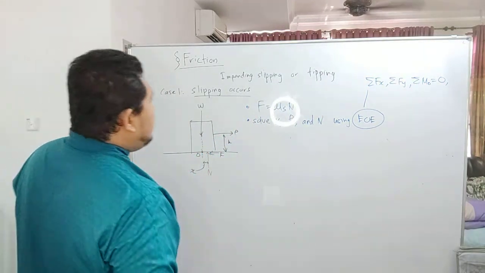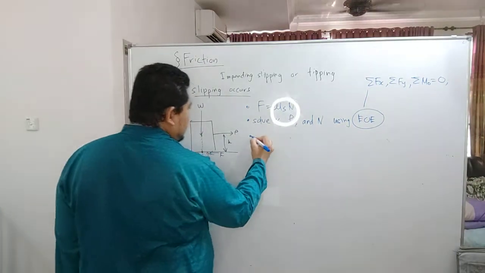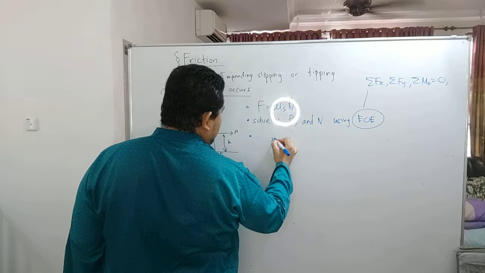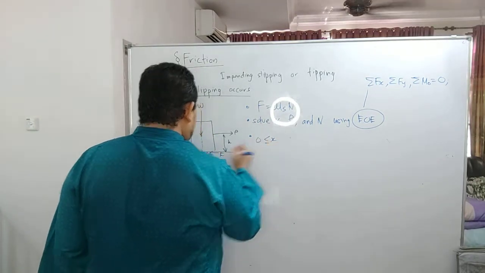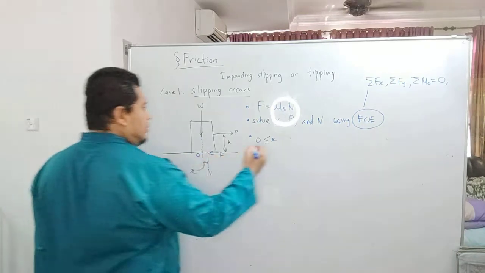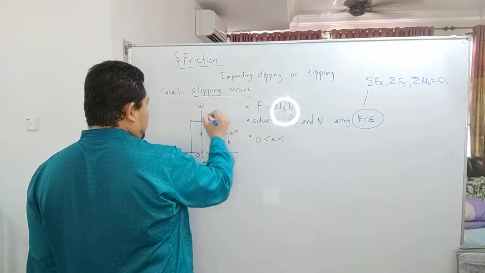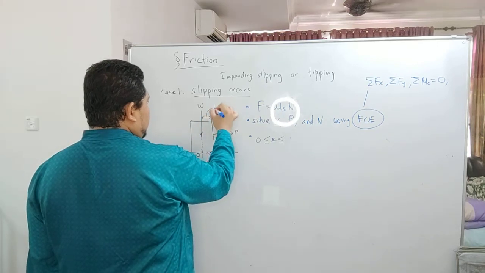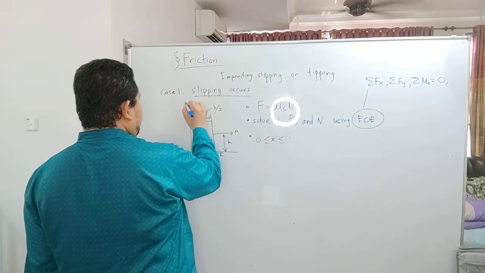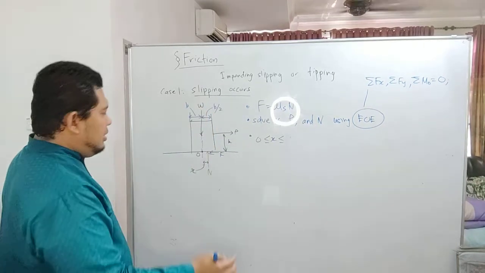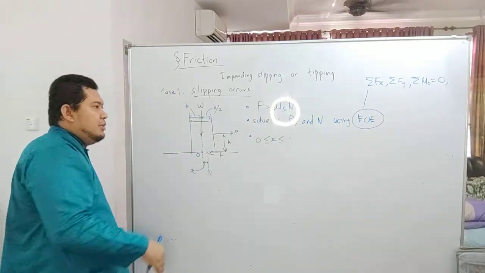So if impending slipping, that means the X value must be in between 0 over here and then over here, oh I forgot this one. This one is half of B. So remember B is the base over here, H is the height over here.